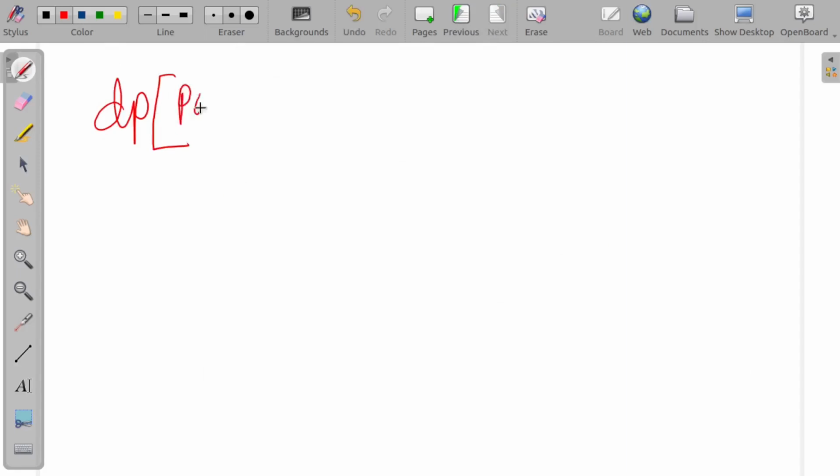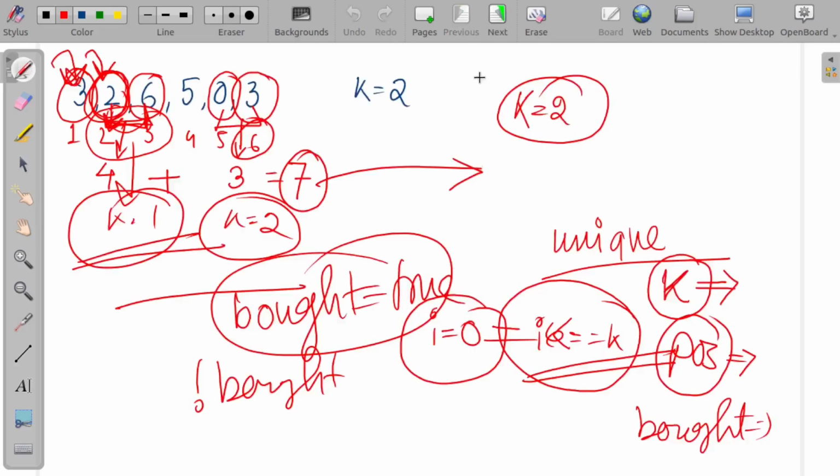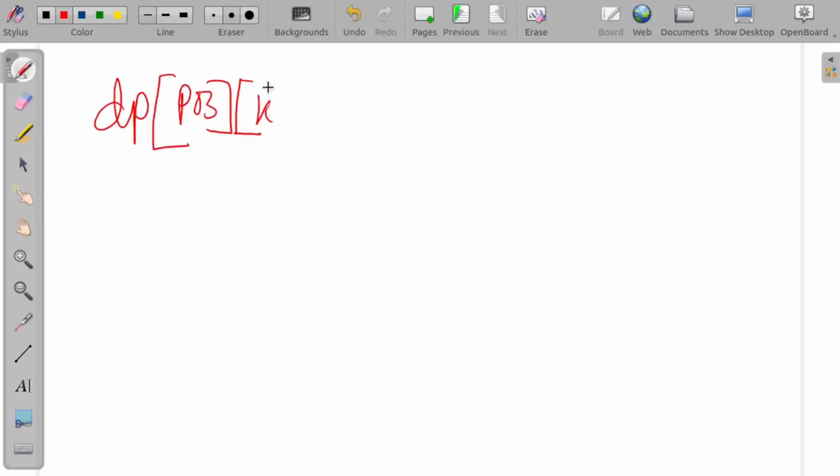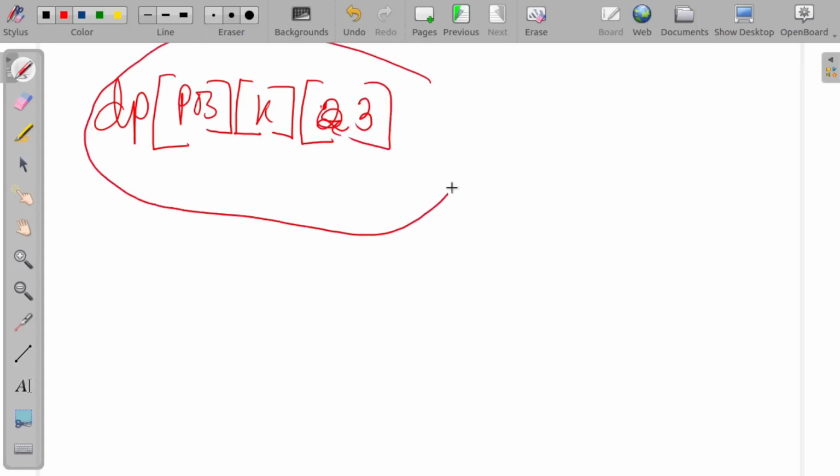First I will take the position, then k, and then the bought state, which is 2 or 3 values. So what is happening is that we first check which position we are at.